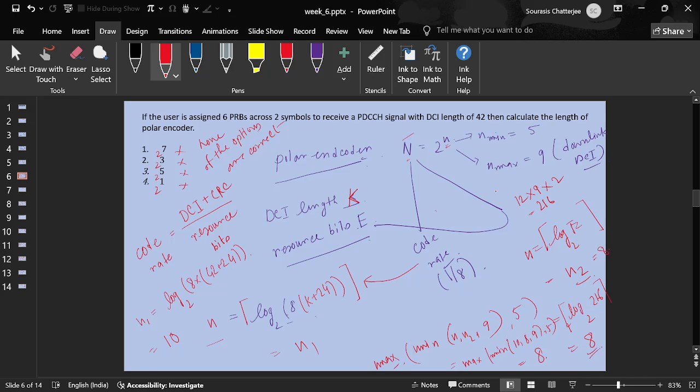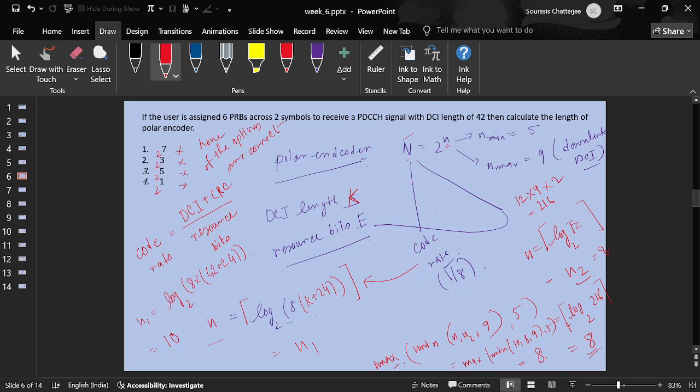Now you take the minimum of it, and of course you have to ensure that this number should not cross 2 to the power 9, or if you talk about small n, it should not cross 9, because that is the maximum allowed. So we take the min of n1, n2 with 9, and then outside you put a max, because the minimum length cannot go below a certain value, that is 2 to the power 5, and then you obtain this expression here. So that's how we are obtaining it.